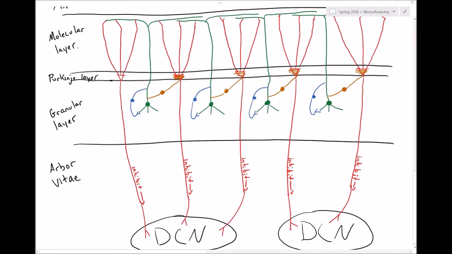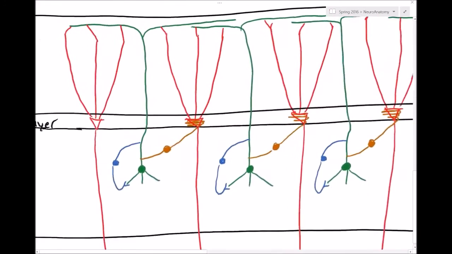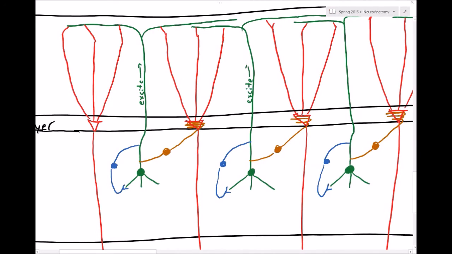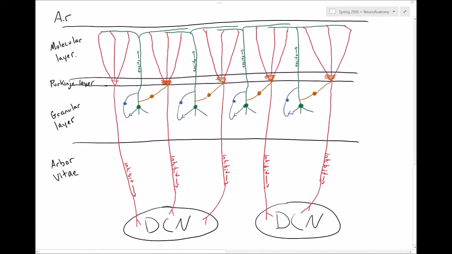Granule cells are excitatory, using glutamate as the neurotransmitter. So we can see here, if something was to excite the granule cell, it would excite the Purkinje cell, which would then inhibit the deep nuclei. Golgi and basket cells are here to prevent this system from becoming overactive. Golgi cells will directly inhibit the granule cells, and the basket cells will inhibit the Purkinje cell.